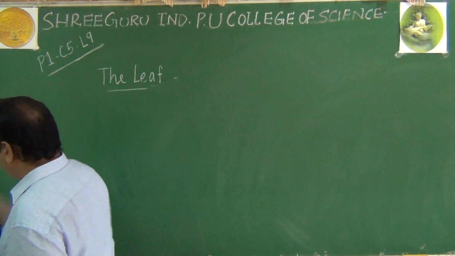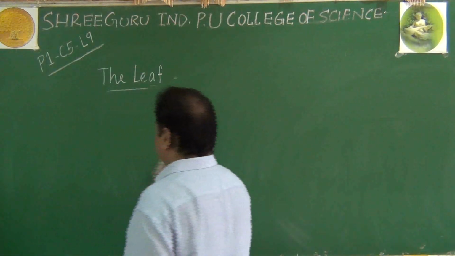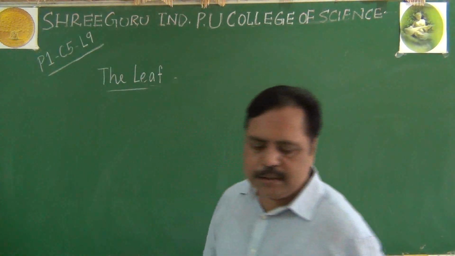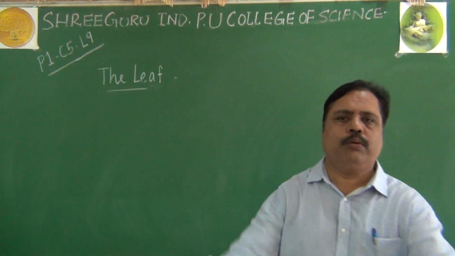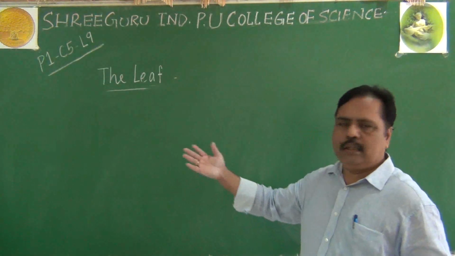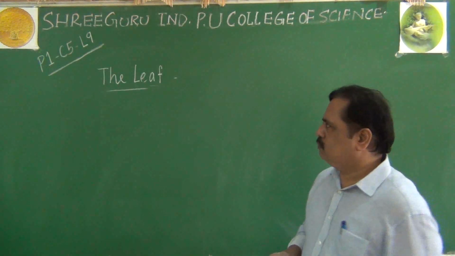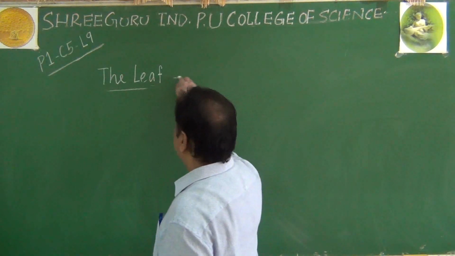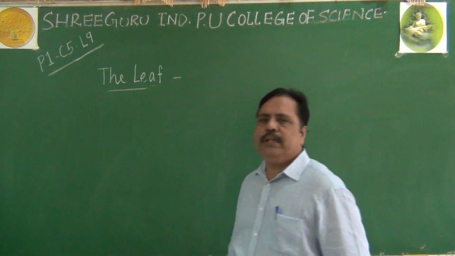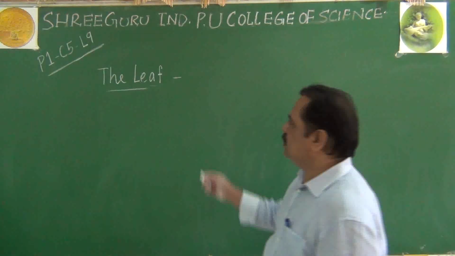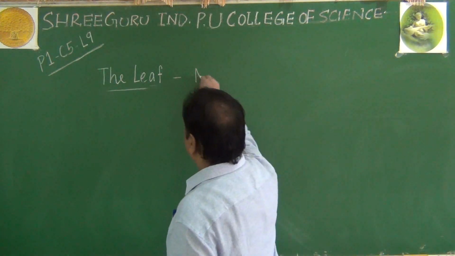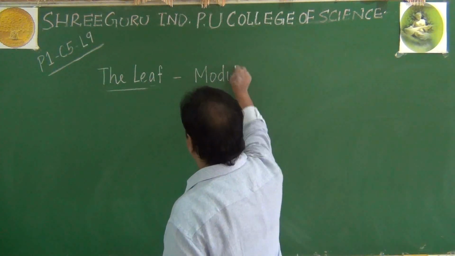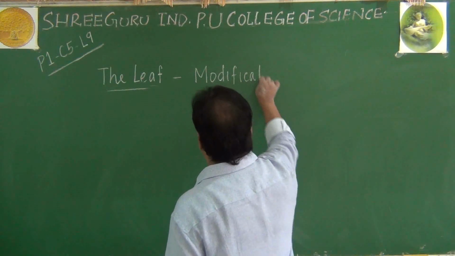Arrangement of leaf over the stem is called phyllotaxy, whereas arrangement of veins over the lamina is called venation. In this leaf, another aspect we are going to discuss here is about modifications of leaf.